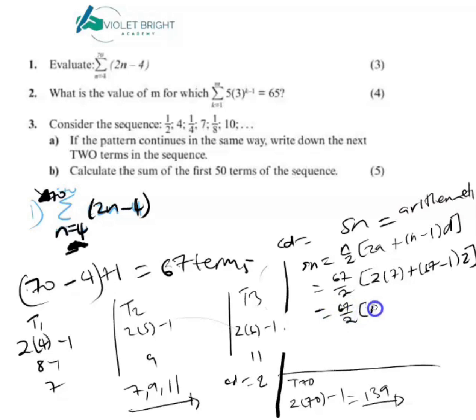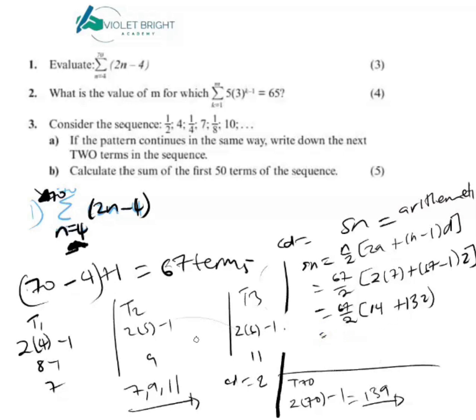Let's just try it. Here it's going to be 14 plus 66 times 2, which is 132, plus 14 is 146.